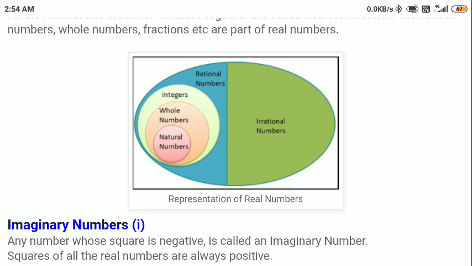The opposite of rational is irrational, which are the numbers which cannot be represented in p by q form. By combining rational and irrational, we get the bigger set, or bigger group, which is called real numbers. Along with the real numbers, we also have their complementary, the opposite of real numbers.